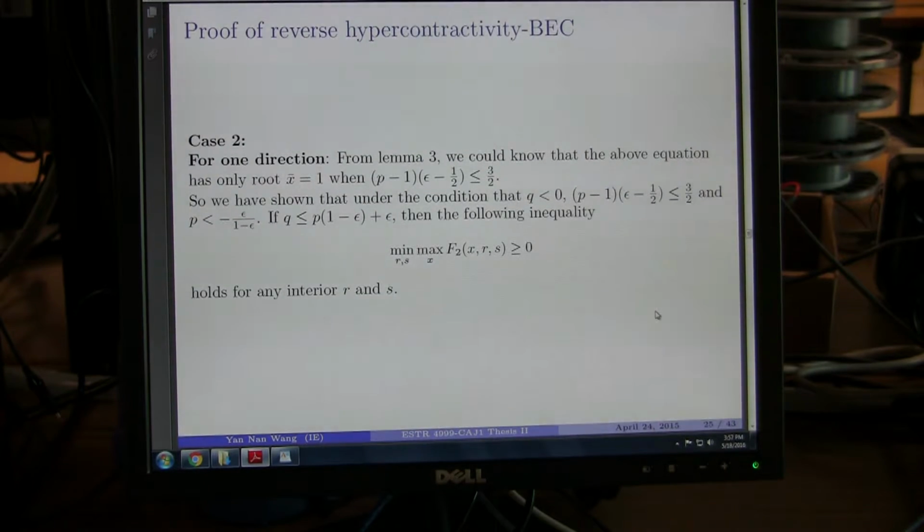So we have shown under these conditions, if Q is less than this expression, the following inequality will hold for any interior r and s.